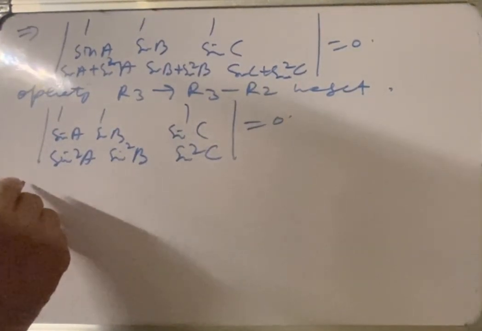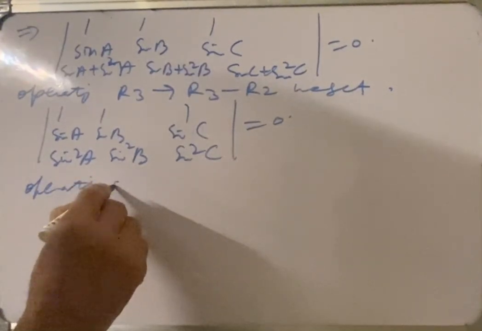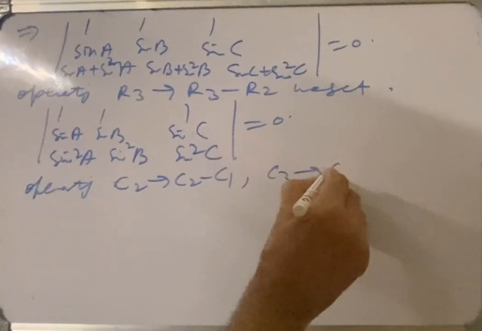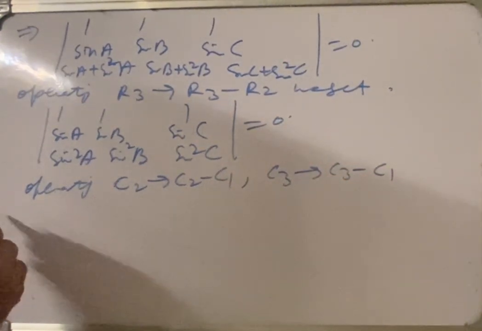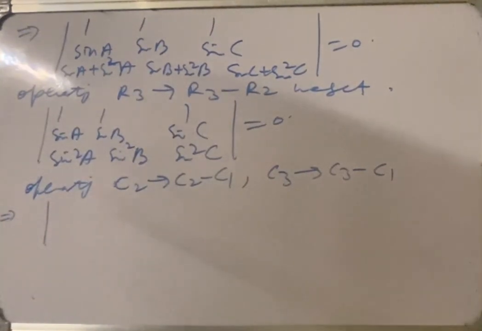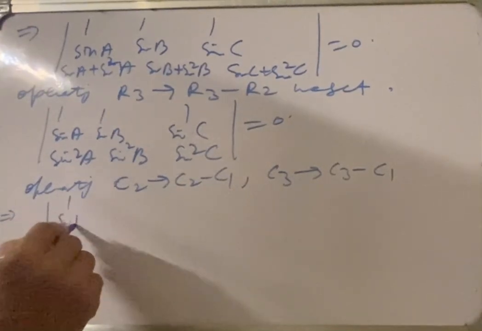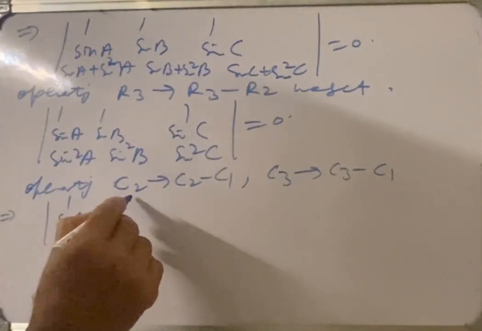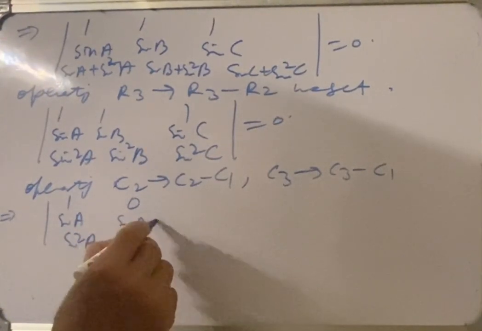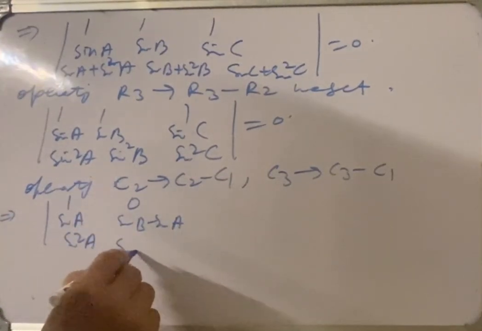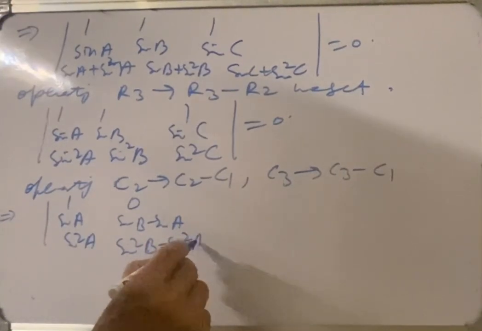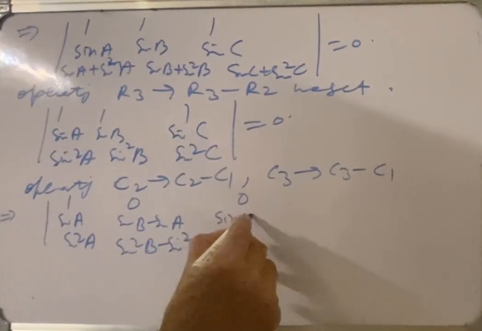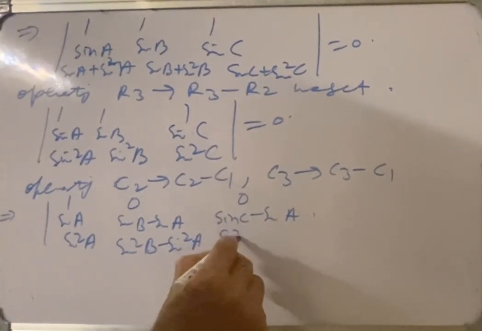Then operating on column C2 minus C1 and on C3 minus C1, we get first column 1, sin A, sin square A, second C2 minus C1: 0, sin B minus sin A, sin square B minus sin square A, third C3 minus C1: 0, sin C minus sin A, sin square C minus sin square A.